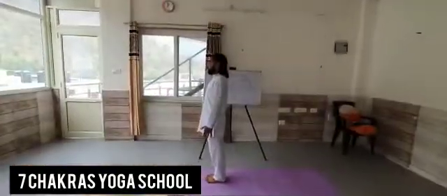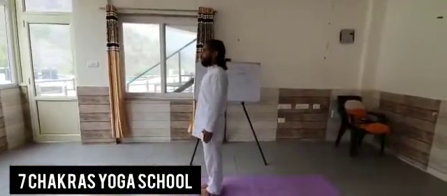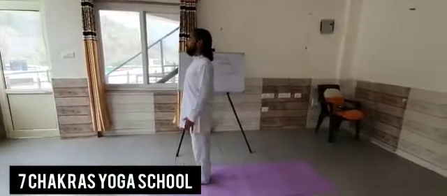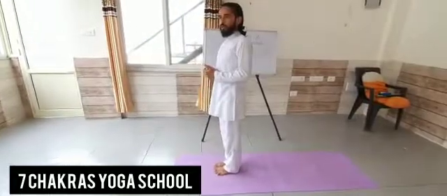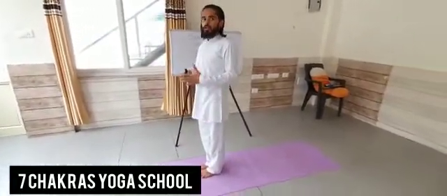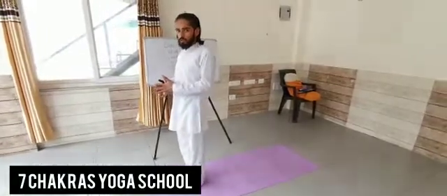So this posture in Hatha Yoga is called Tadasana, when you stand erect, chest up, shoulders down, hands down, chin parallel, looking straight. But if you're doing the same asana in Ashtanga Yoga, it's called Samasthiti. So in Hatha it's called Tadasana, in Ashtanga Yoga it's called Samasthiti.